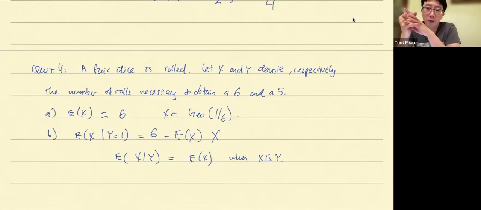Same thing here: if two random variables are independent, then the conditional expectation is just the expectation. Well, are X and Y independent here?